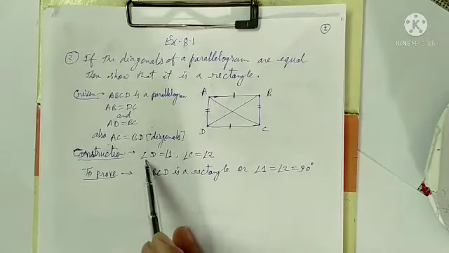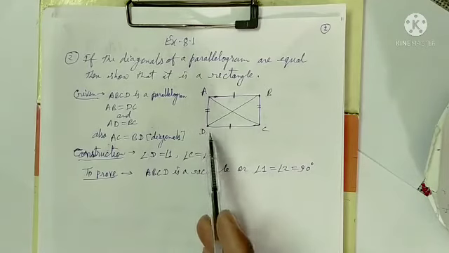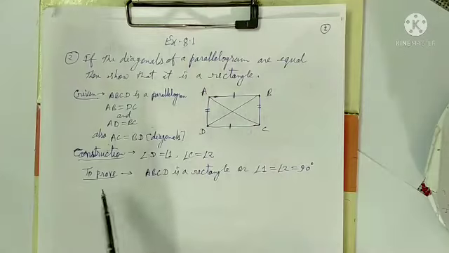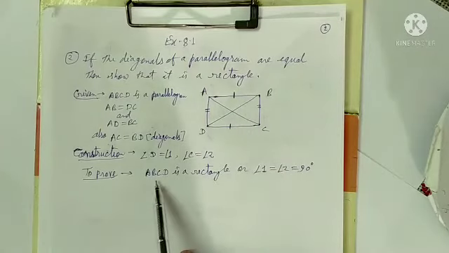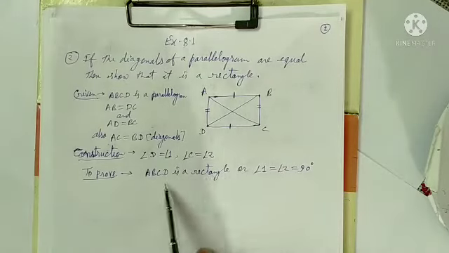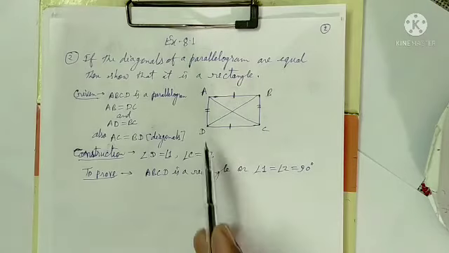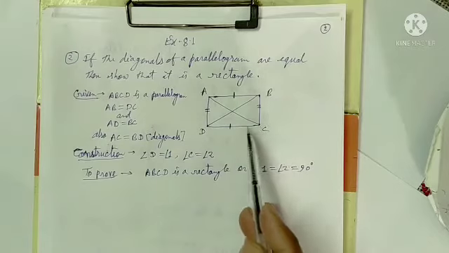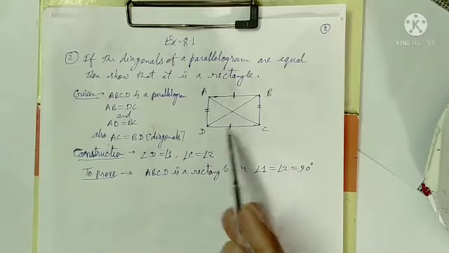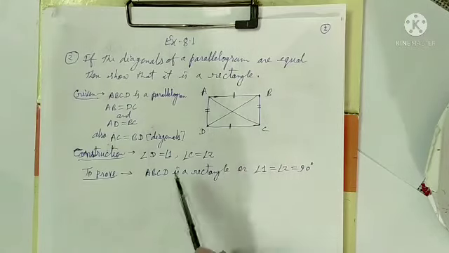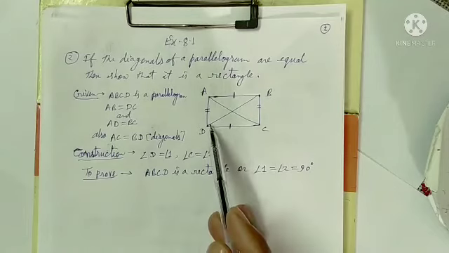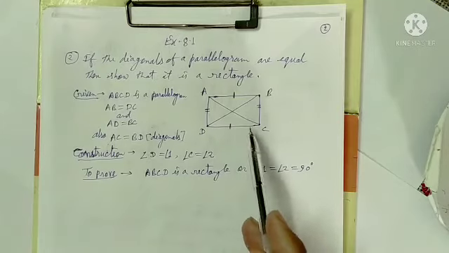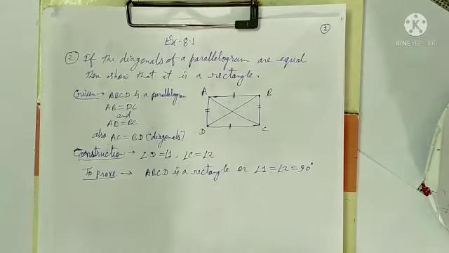If we prove angle D is equal to angle 1, and angle C is equal to angle 2, you can prove this parallelogram is a rectangle if angle 1 and angle 2, means angle D and angle C, are proved 90 degrees both. In a parallelogram, if opposite angles are 90 degrees or adjacent angles are 90 degrees, then it is called a rectangle. So we can prove it very easily.